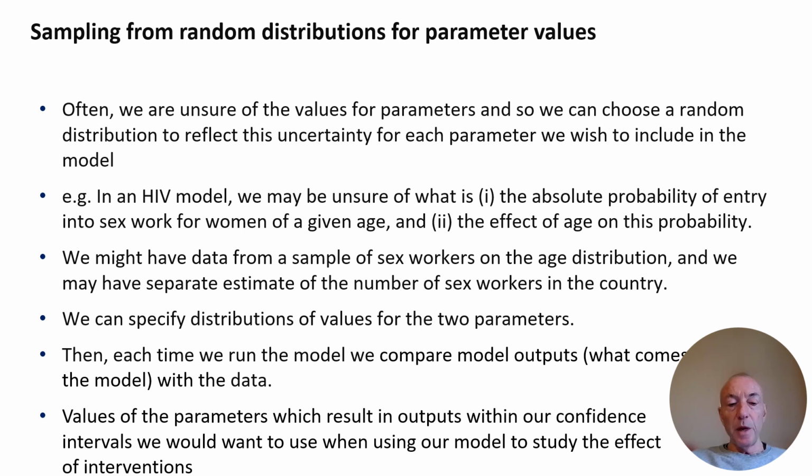So we can then specify distributions of values for these two parameters. Then each time we run the model, we compare model outputs, what comes out of the model, with the actual data. Values of the parameters which result in outputs within our confidence intervals for the data, we would want to use when using our model to study the effect of interventions.